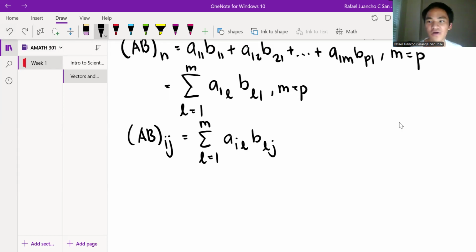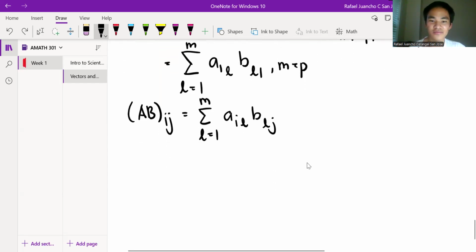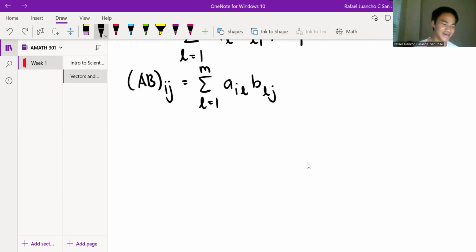So it depends on what row I we're at for A, and it also depends on what column J we're at for B. Does that make sense? Hopefully. I was just throwing a bunch of notation around when I took this class, so I really need to dig deep and look at this properly.